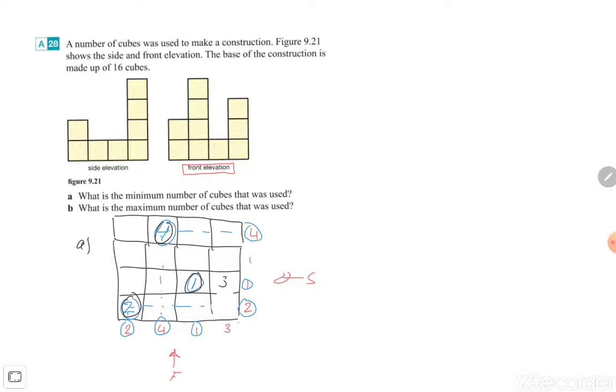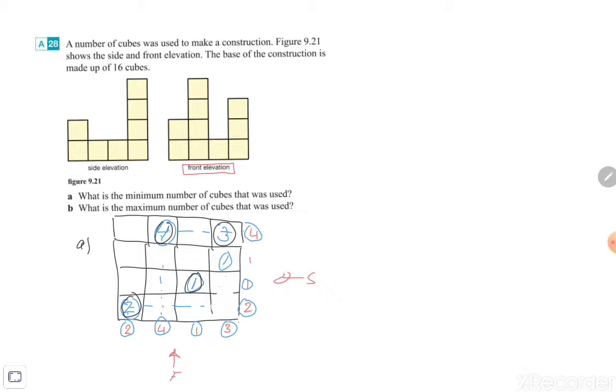So I'm going to erase this 3. Now we can't put it above, so it needs to be a bit higher. There needs to be the 3, otherwise the side elevation is not correct. Alright, so we already have the 3. Now we have 1 left, and in that case we can put the number 1 anywhere. It doesn't matter where, so I'm going to put the number 1 there.